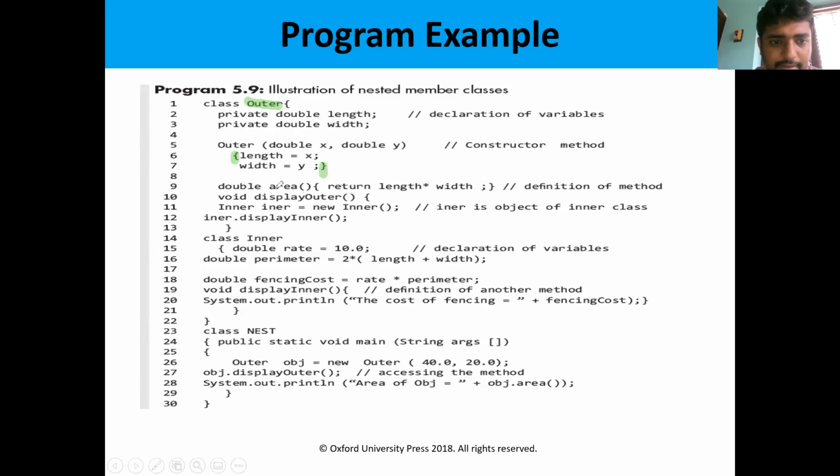He is creating a method, display outer, and creating an object. This is the display method. The class outer is open, but it is not closed here. The class is not closed yet.